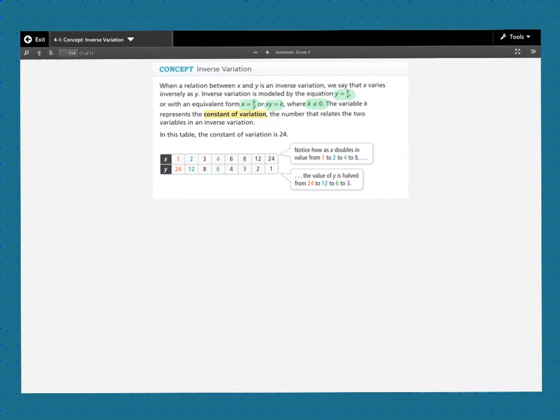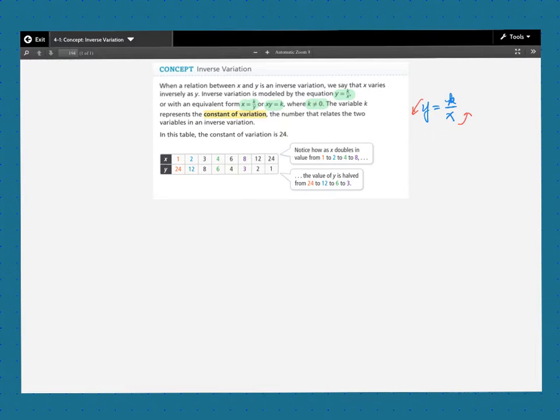So there is a constant rate of change. There's a constant term here. That's what k is for. So that's why this relationship of inverse variation is written as y equals k over x. In other words, as x value increases, the y value decreases.